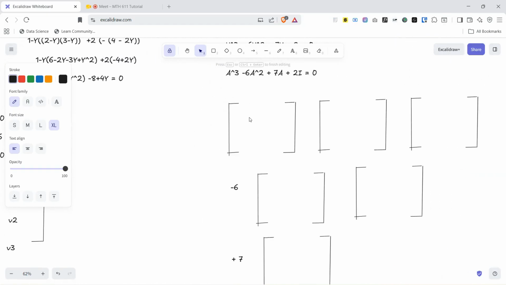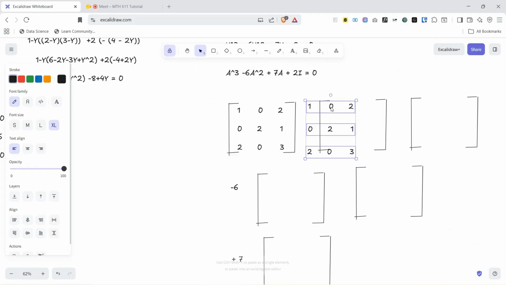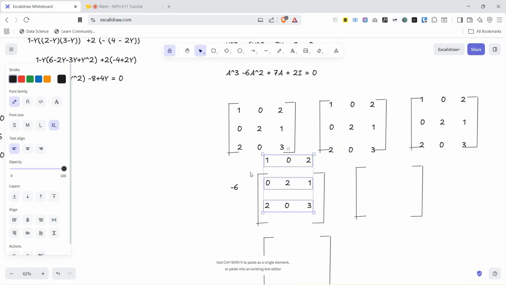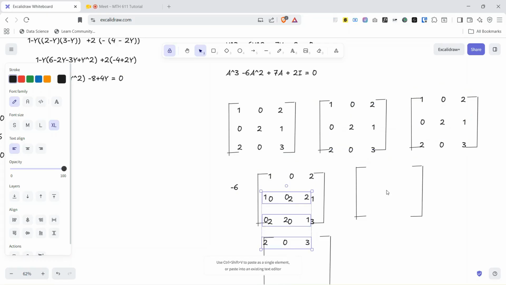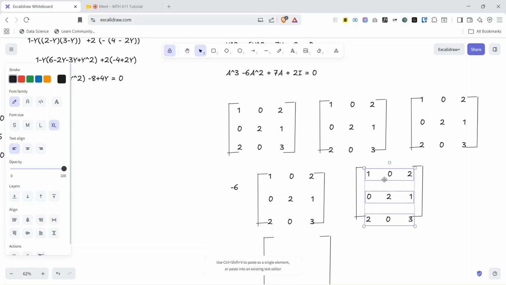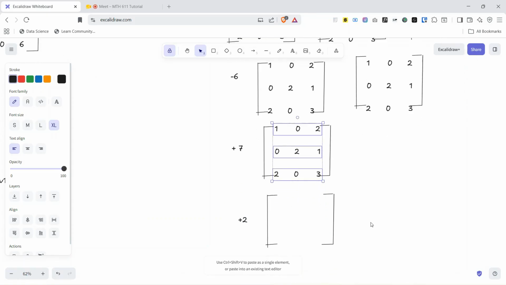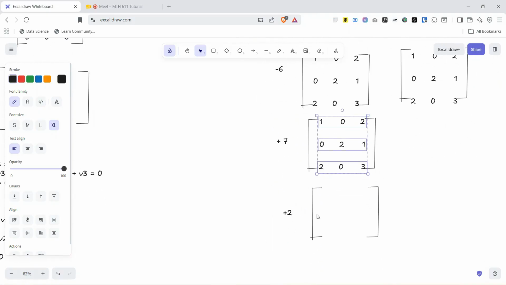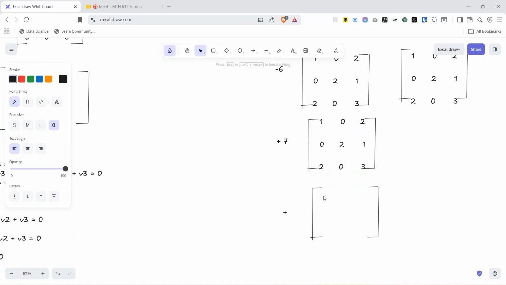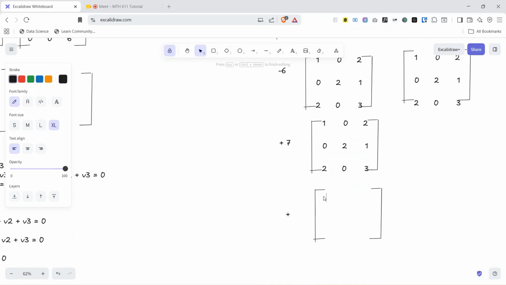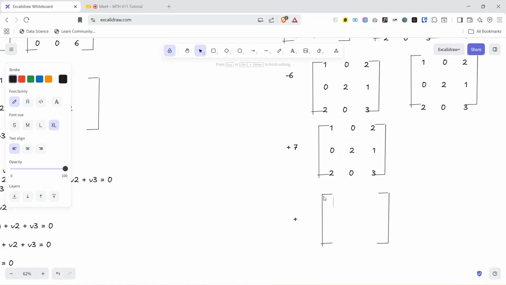So 2I here would be 2, 0, 0, 0, 2, 0, 0, 0, 2.